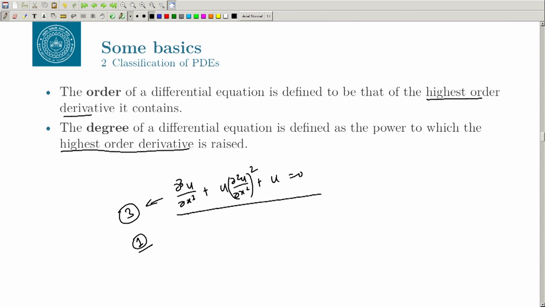Because the power of the highest order derivative is 1, right. Its degree will change only when we change the power of this ∂³q/∂x³, otherwise the degree will not change. Okay. So, now its order is 3 and degree is 2, right. So, we learnt about the order and the degree.